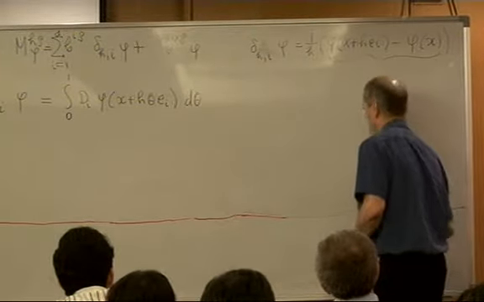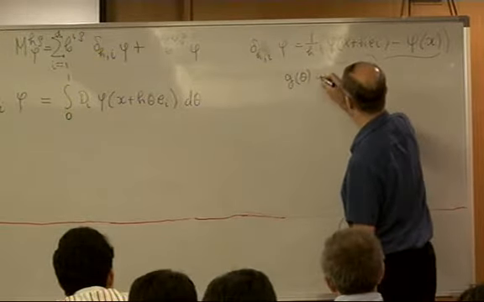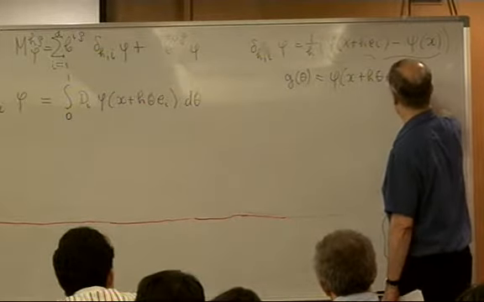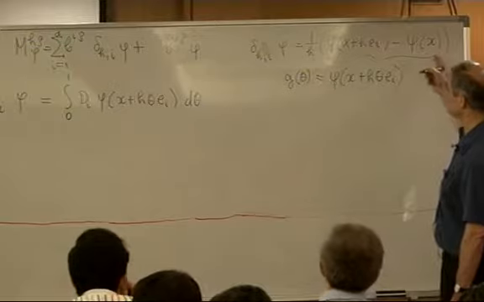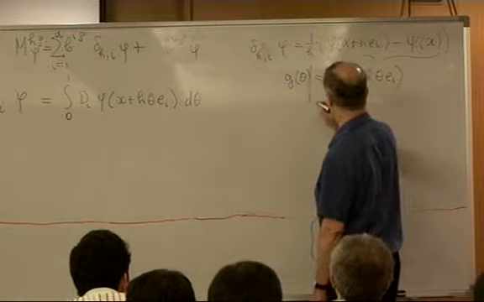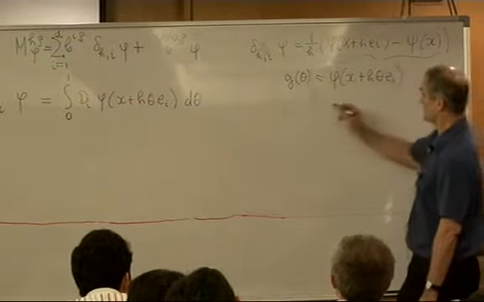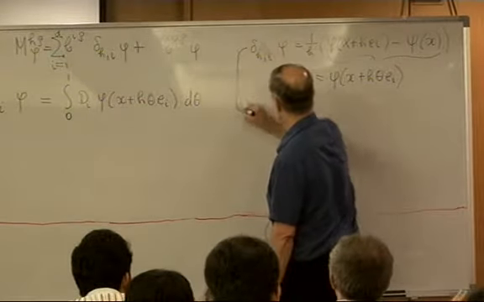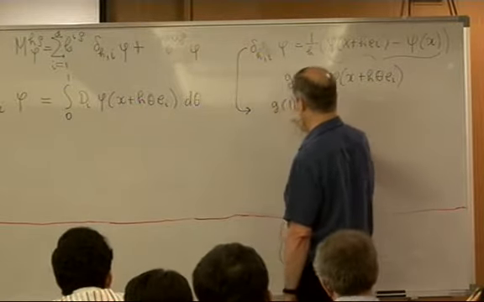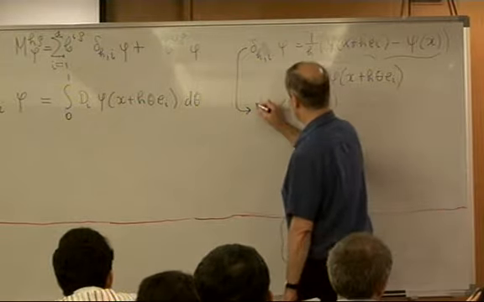Let us consider g(theta) equal to phi(x plus h theta e_i). Then what is written here is the difference g at 1 minus g at 0, divided by h.